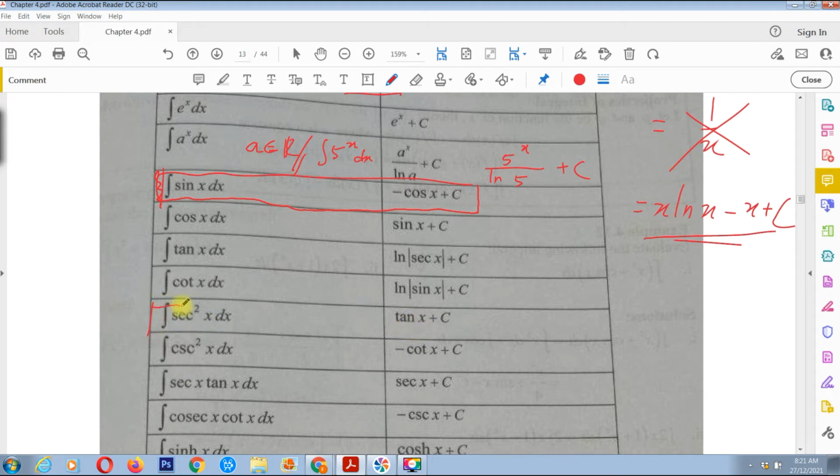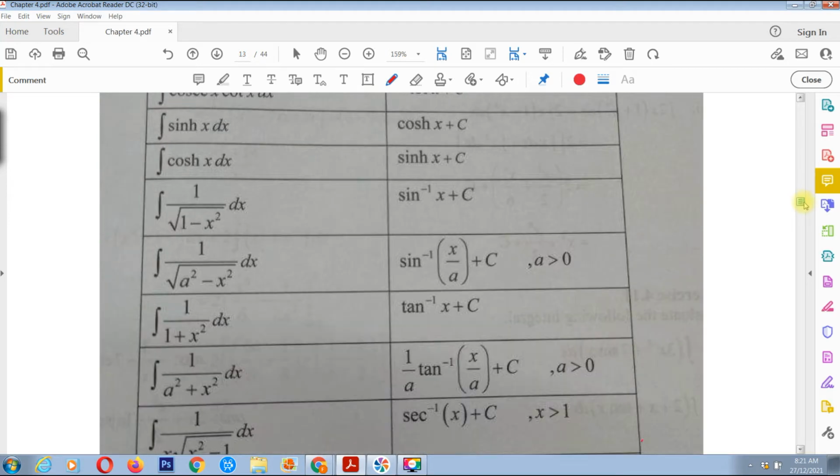That is what we usually use. The rest, you use for your application, maybe when you deal with this kind of function.